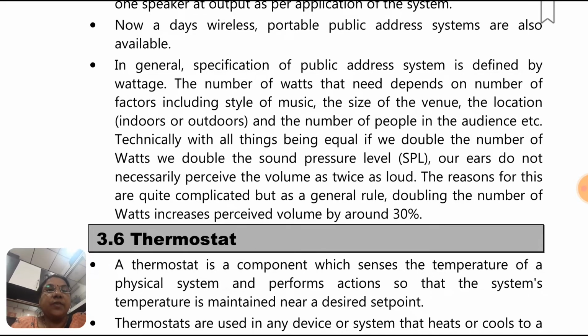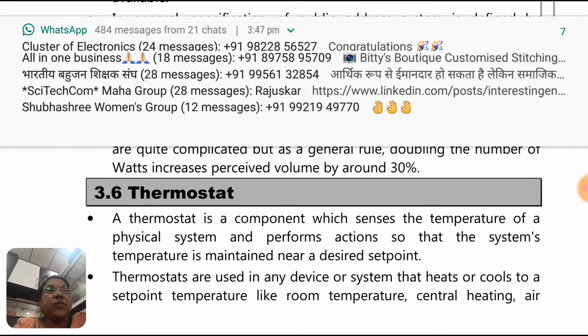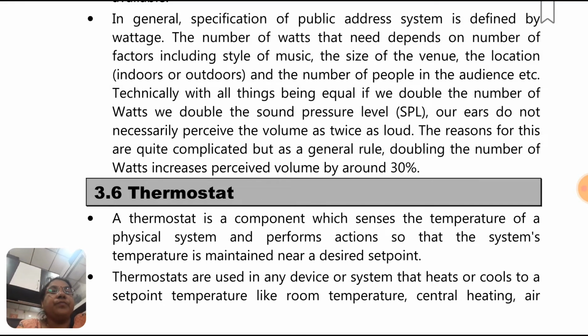In general, the specification of a public address system is defined by wattage. The number of watts needed depends on a number of factors including style of music, the size of the venue, the location indoors, and the number of people in the audience.